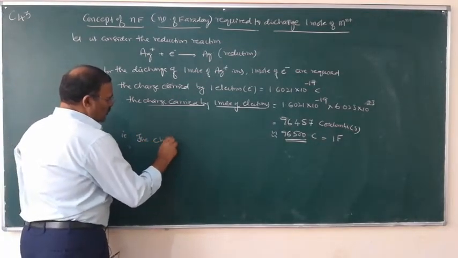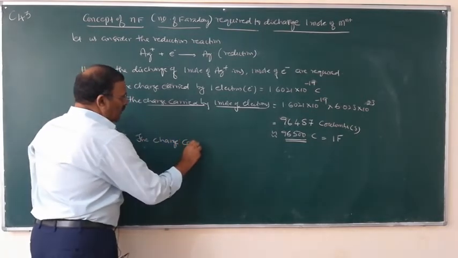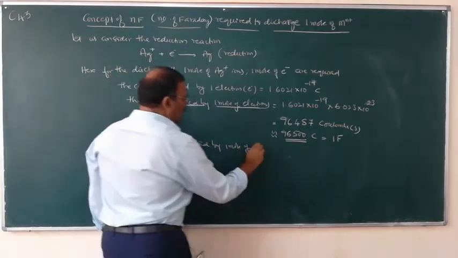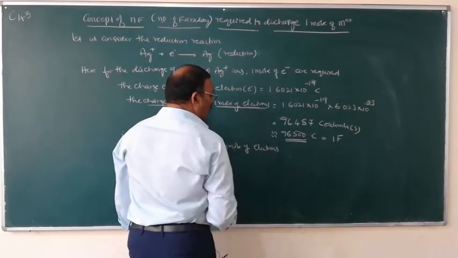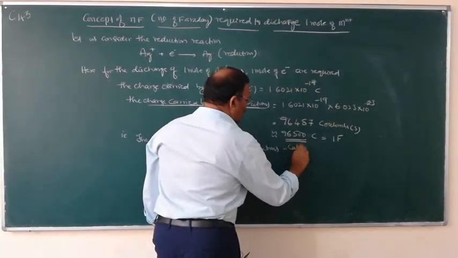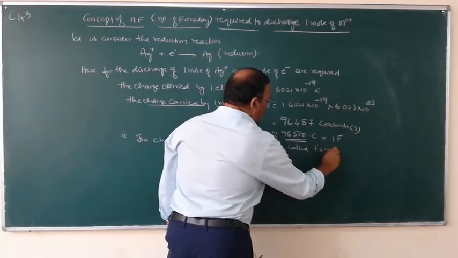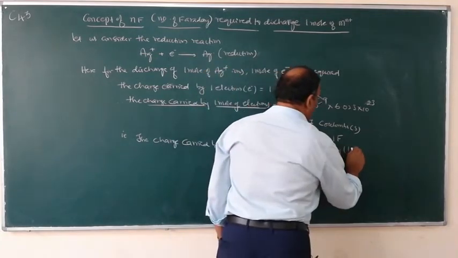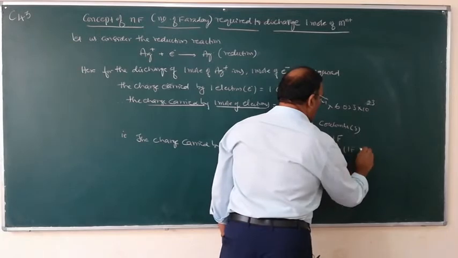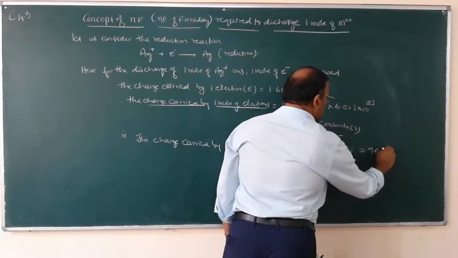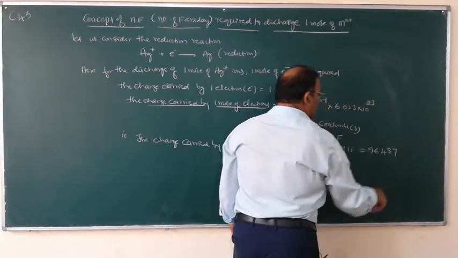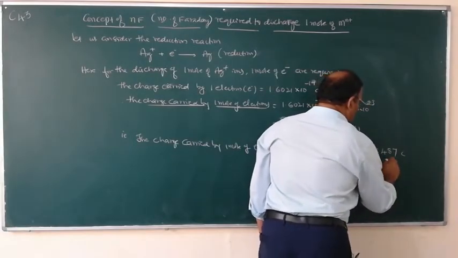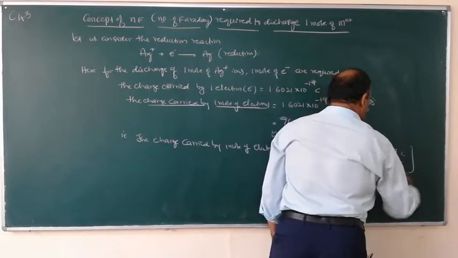The charge carried by 1 mole of electrons is called Faraday, and its value is equal to 96,487 coulombs or 96,500 coulombs.